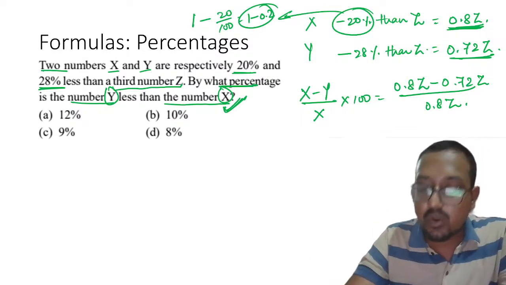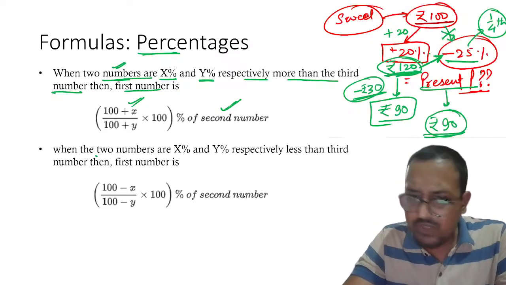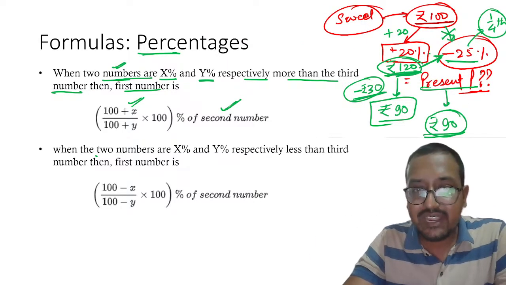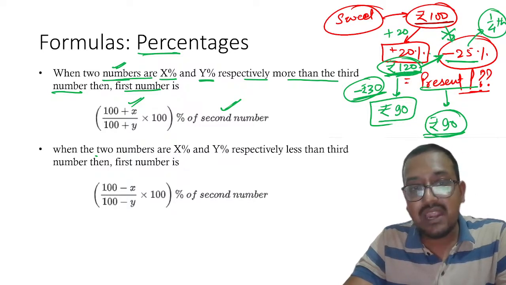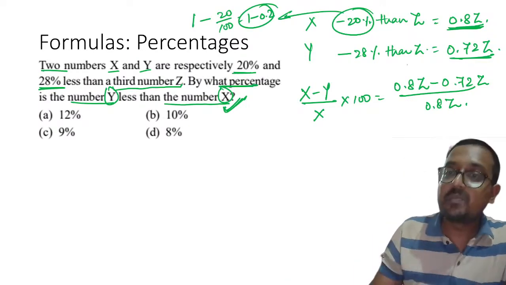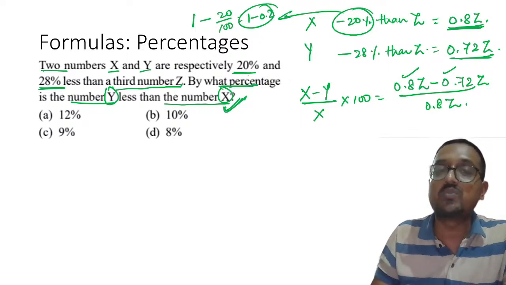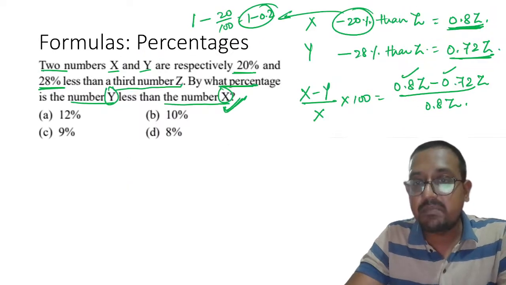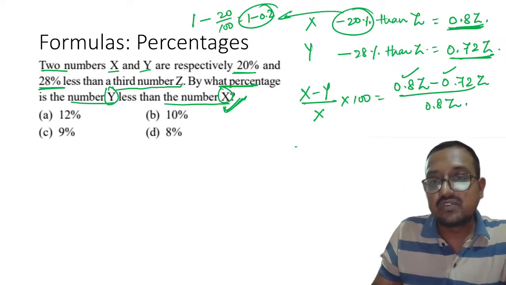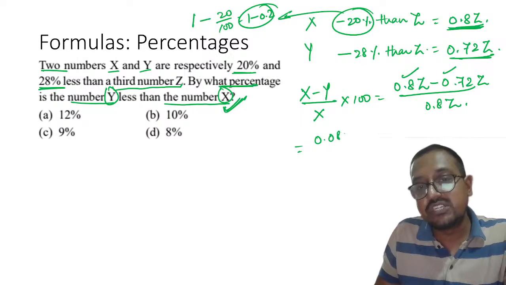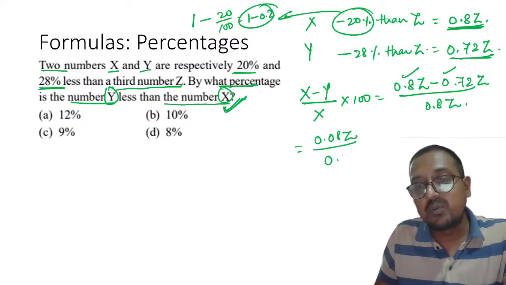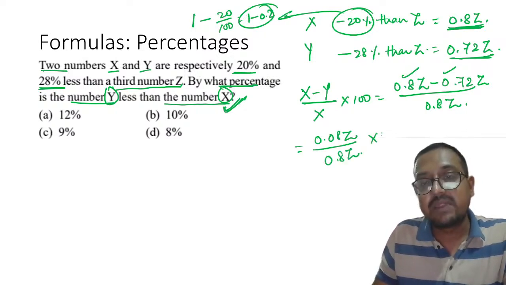Did I really need any formula or anything like that? Obviously no. Right? Everyone is clear on this part? So please make sure that these formulas do not need to be mugged up. Focus on these things.